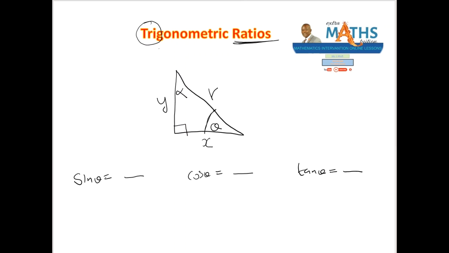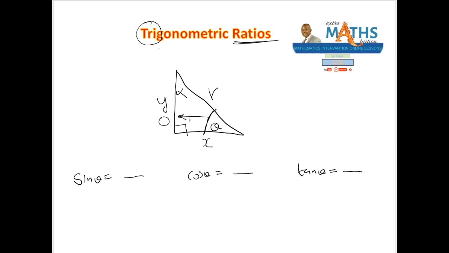Now, I said we are dealing with sine theta. It means I need to be at this angle of theta. That's why I said we'll also be talking of alpha. If we are dealing with sine theta, we need to identify what sine theta is respective to: y, and I hope you know that is the opposite side, because it is opposite my theta.